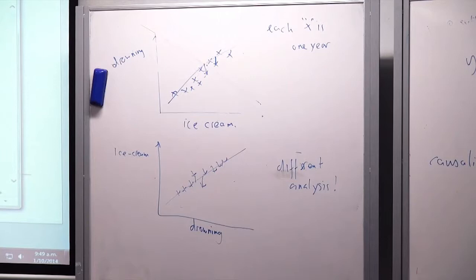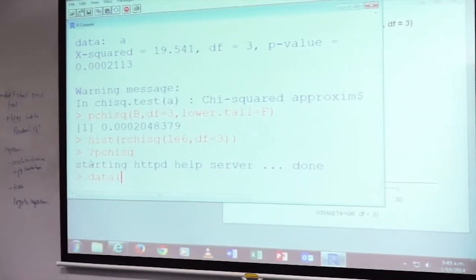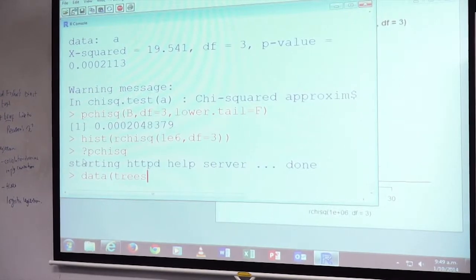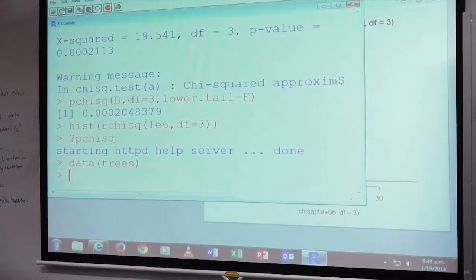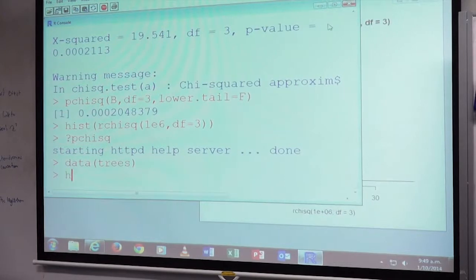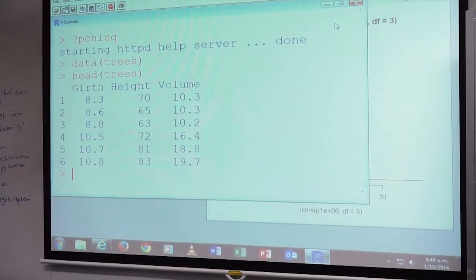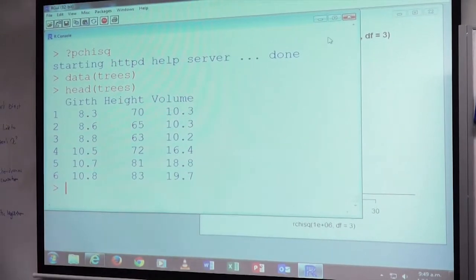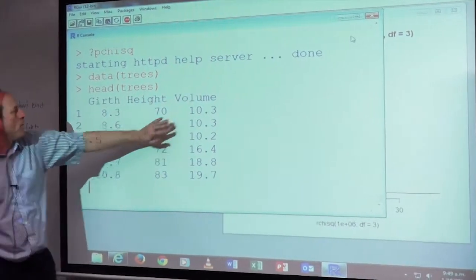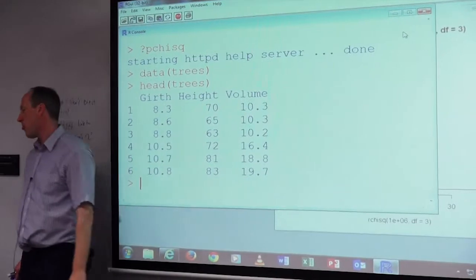I'm going to go back to trees. I say I was a little bit out of sync with myself yesterday because I wanted to head trees. Here we go. So I started this, and you'll remember that we've got a whole bunch of trees and we want to predict the volume.